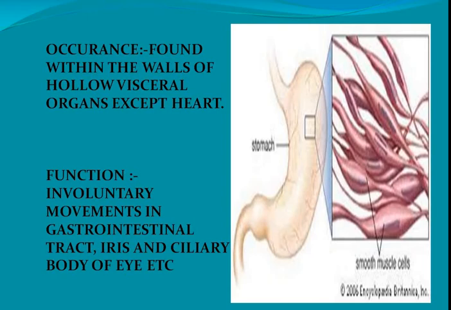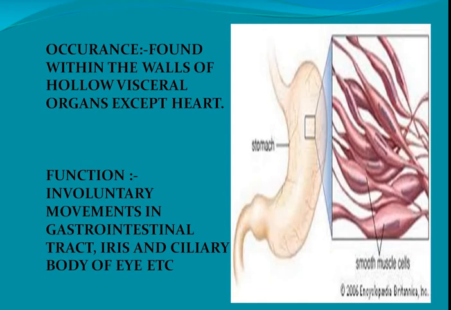Where are they found? They are found inside the hollow visceral organs. That means they are found inside the hollow organs or tubular organs of the body. They are involuntary muscles, but these involuntary muscles are not found in the heart. The heart has a special type of involuntary muscle that is known as the cardiac muscle.